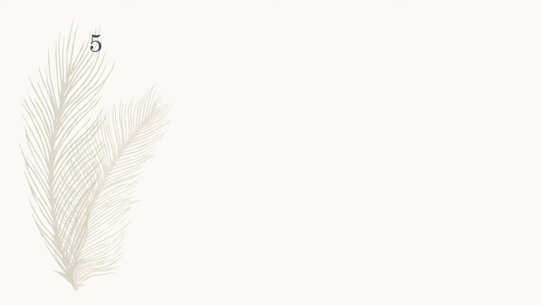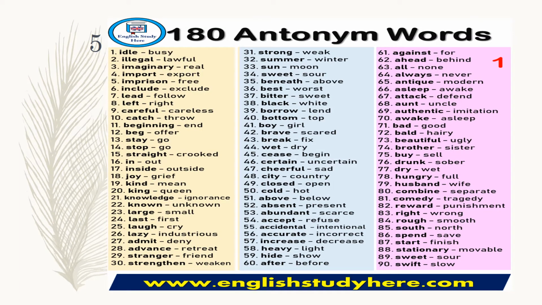Let's look at some opposite examples. Okay, children? You can use antonyms to better understand what you read and to be more descriptive when you write. I'll give you an example.